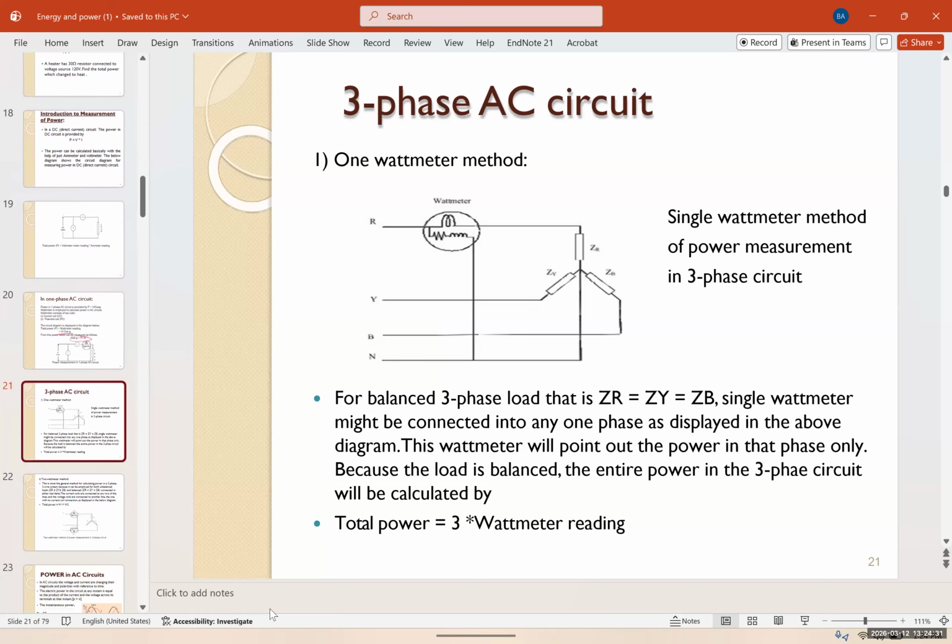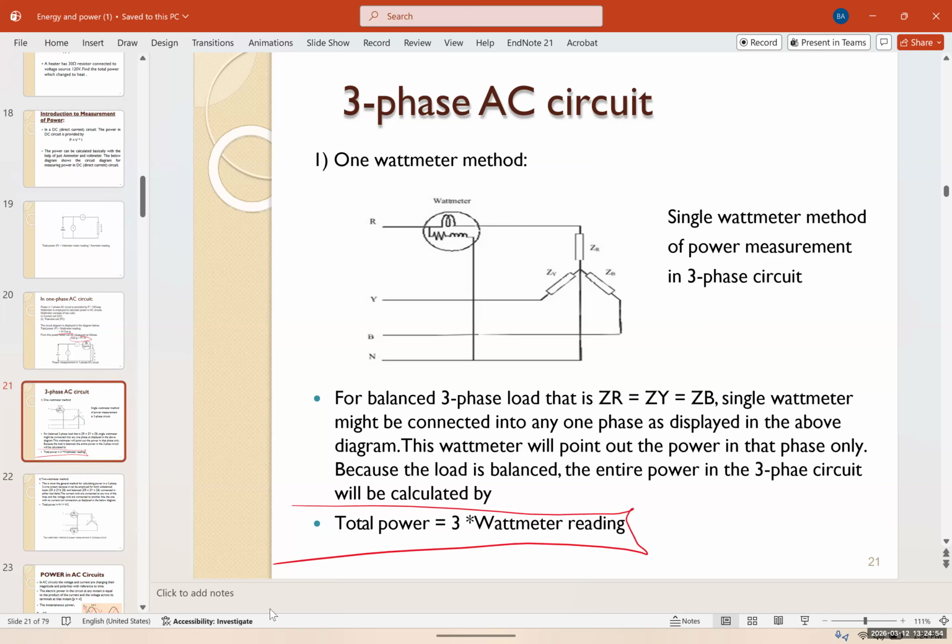Now, in a 1 wattmeter method, we already measured this. We must have a balanced star system to be able to measure the total power of a 3-phase system using 1 wattmeter. And the total power would be 3 times the wattmeter reading.